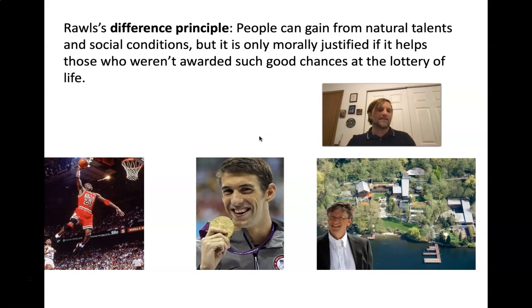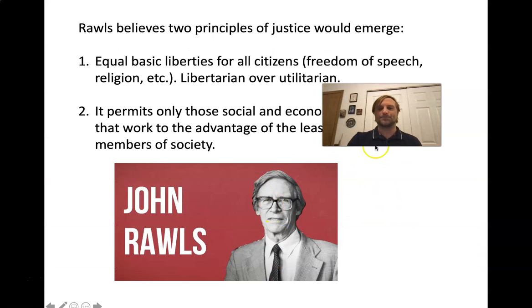So Rawls says that you can have a capitalist system that's unequal, but if people like Michael Jordan are developing, say, a foundation to help underprivileged youth, or Bill Gates is paying more in taxes or something like this, and that money's going to help create better schools or whatever, then Rawls's difference principle is met.